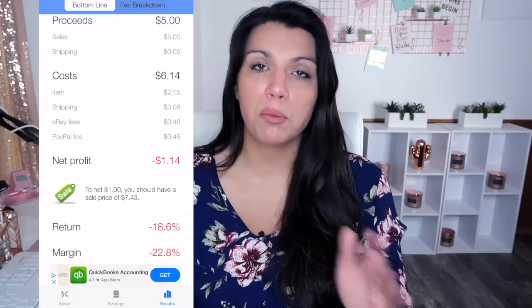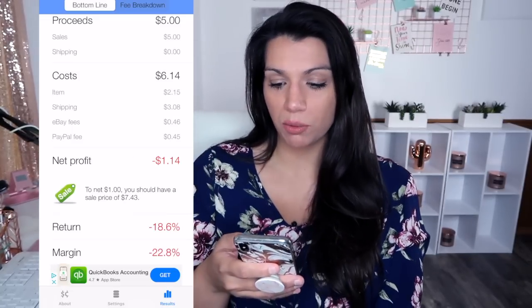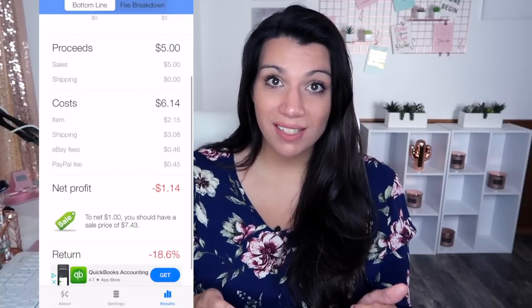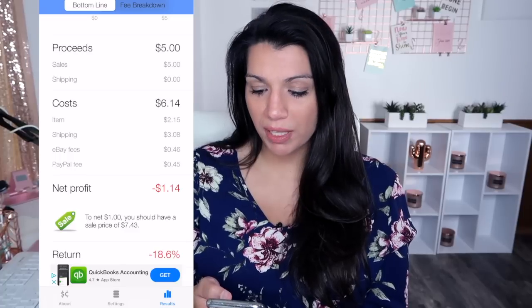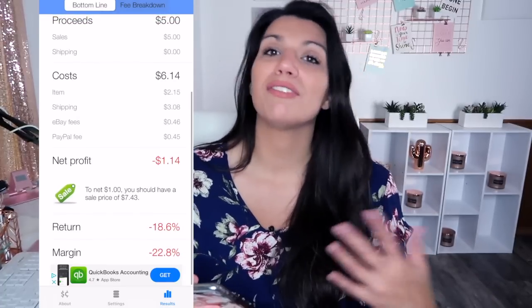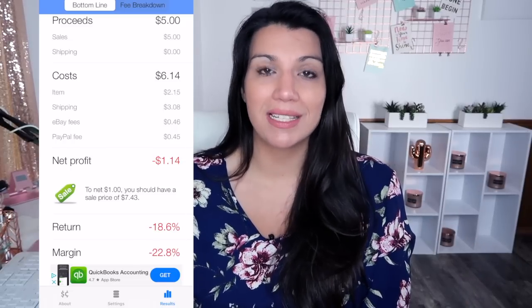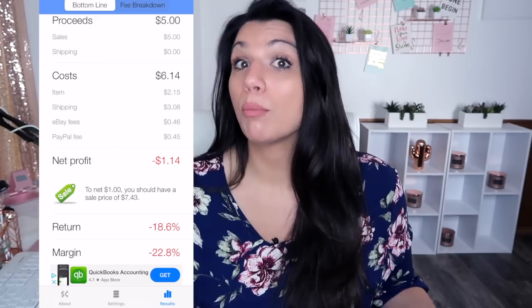So if we didn't want to have a profit, our break even would be $1 less than that, which would be $6.43. If you paid $2.15 for cost of goods, estimated $3.08 for a shipping label, after all of your fees, your break even would be roughly $6.43. Anything above $6.43 would be profit.